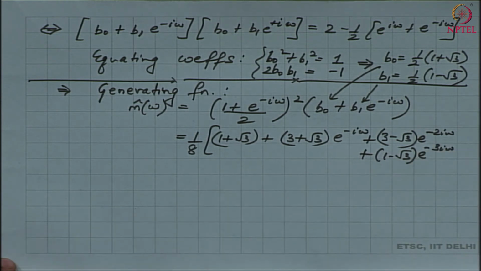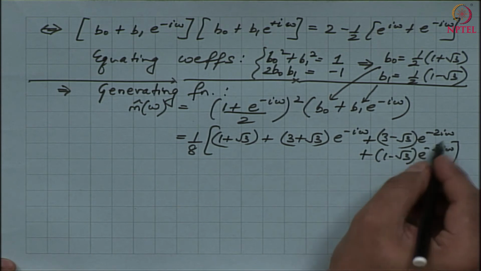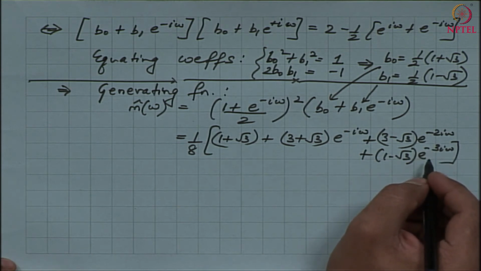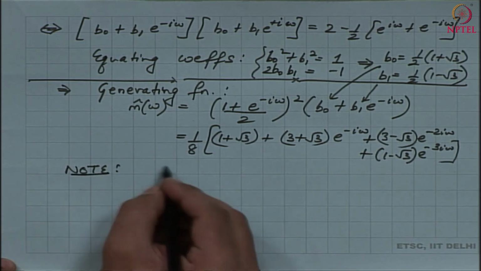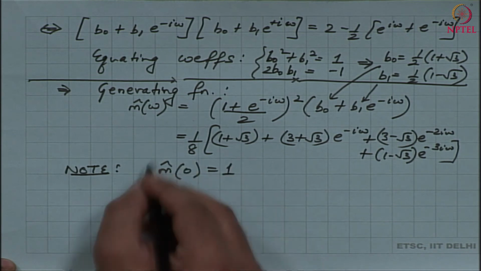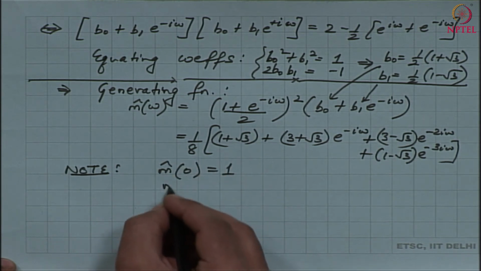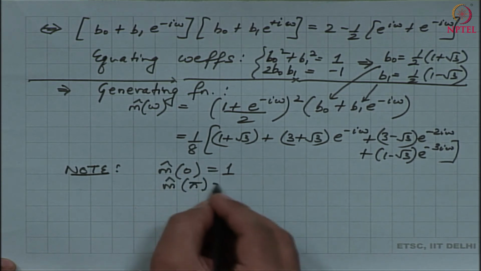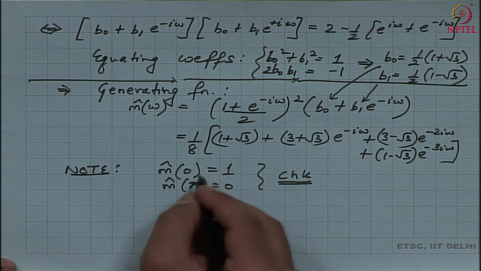So, what I have is a polynomial of order 3. Students can also check that this generating function satisfies all the properties that we had to begin with, namely m hat of 0 is 1 and m hat of pi is 0. Students are asked to check that indeed these two are satisfied.